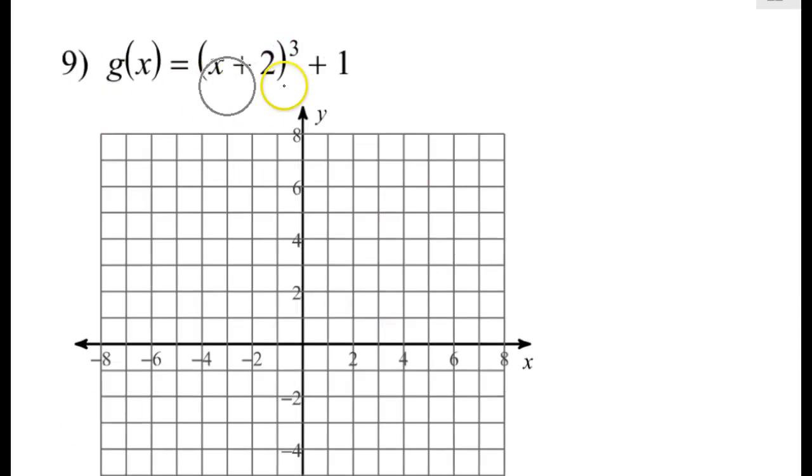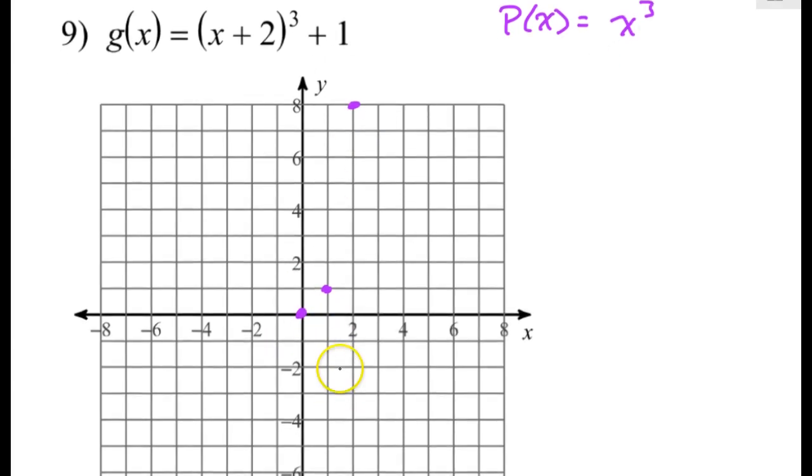Alright, number 9 is a cubic function. So I know that the parent function is x to the third power. That function looks like this. Let's start with 0. Now, 1 to the third power is 1. 2 to the third power is 8. Okay, we can also do negative values.